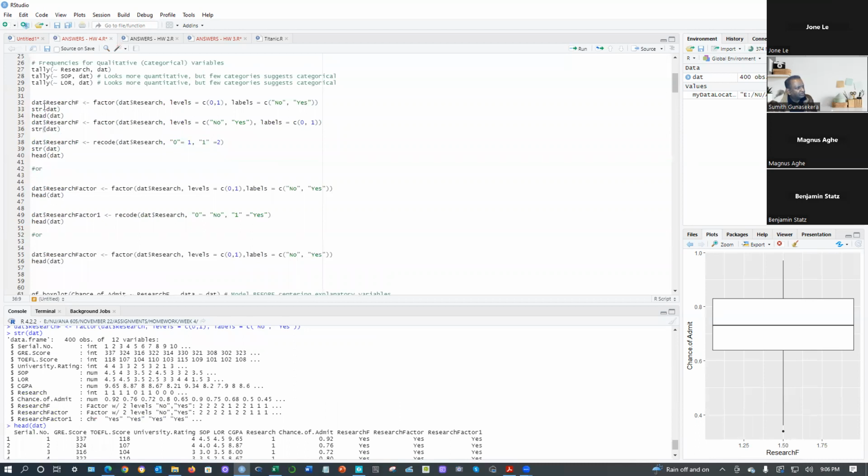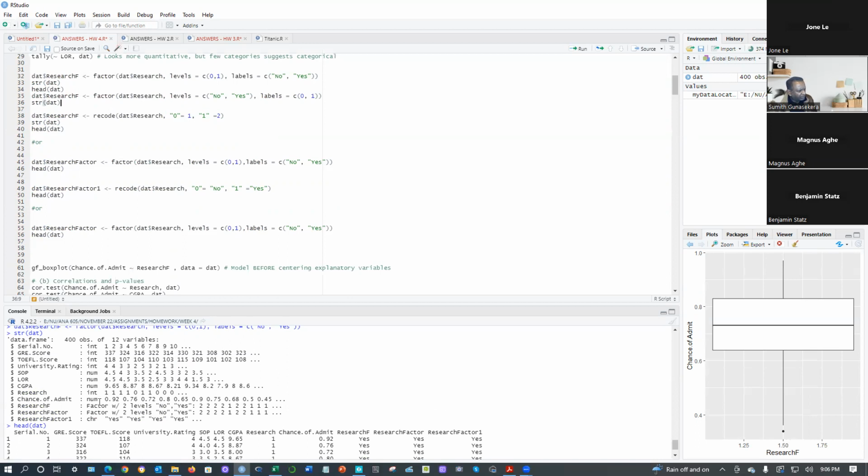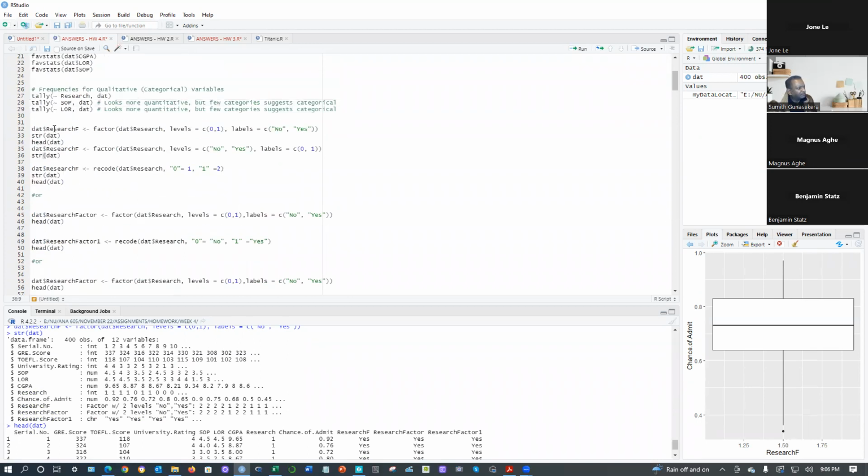So I converted this one, now it becomes factor, research F, and I put it back into the data.